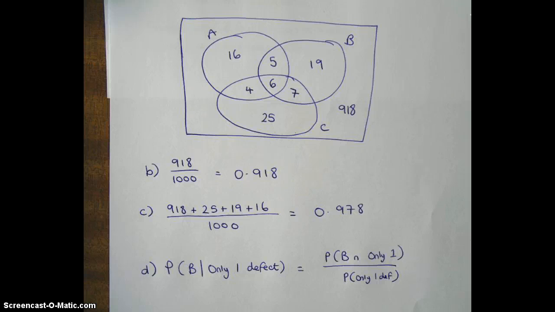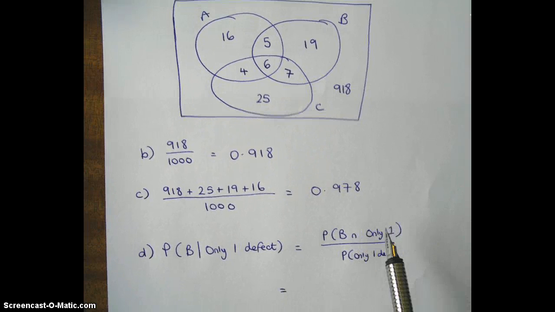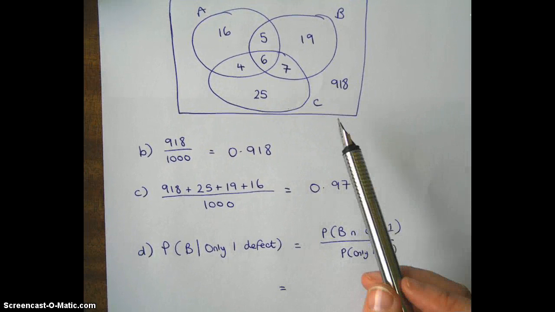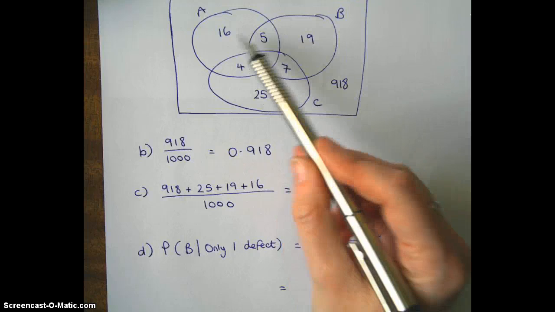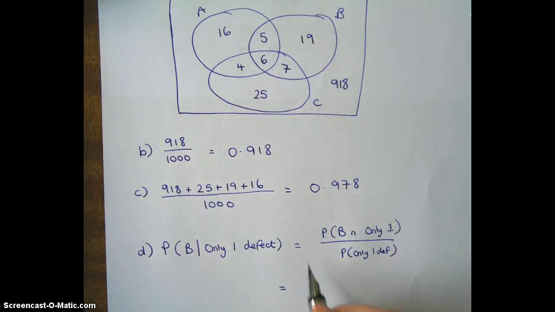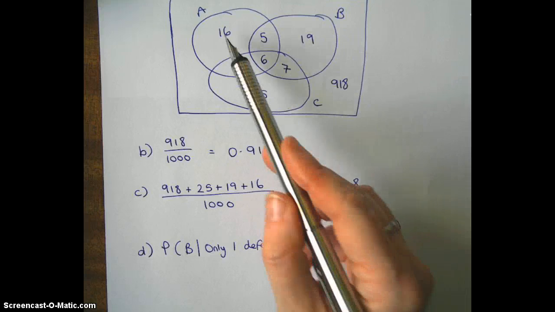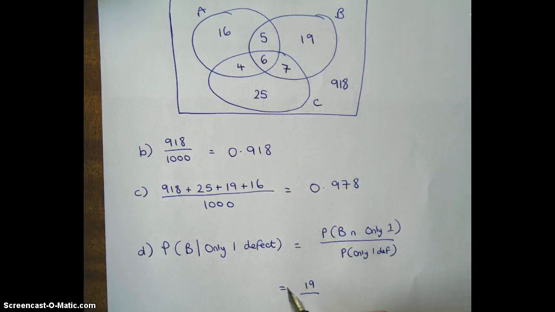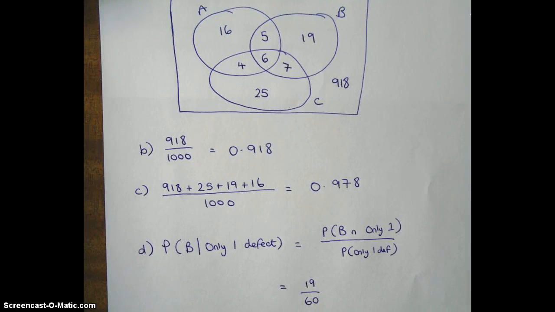Looking at our Venn diagram, only one defect are these 3 areas. So the B bit of that is 19, out of the 16 plus the 25 plus the 19, which is out of 60. So the probability is 19 out of 60.